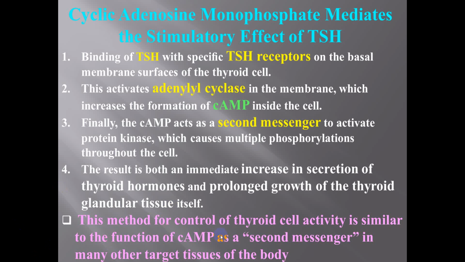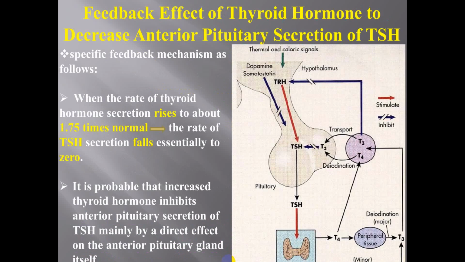This method for control of thyroid cell activity is similar to the function of cyclic AMP as a second messenger in many other target tissues of the body. We notice the same activity in the other target tissues to bring about the action of the hormones.